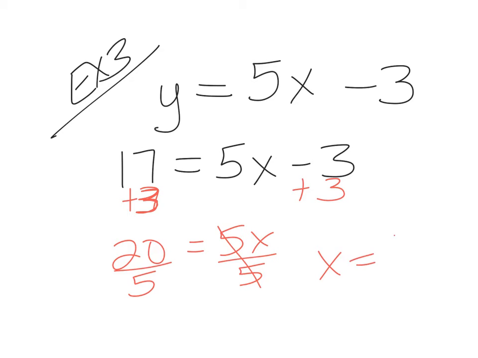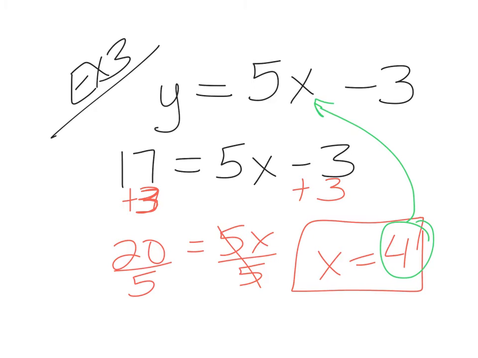So x equals 4. Now, if you ever wanted to check this, you just take this 4 and plug it in where that x is. It would end up being 17, because you'd have 5 times 4 equals 20, minus 3 equals 17. That's how you would check your work.